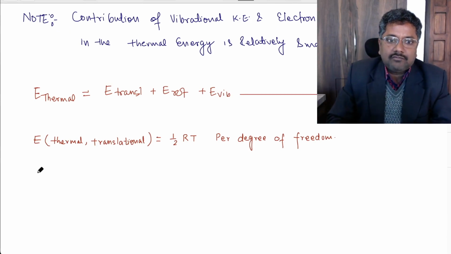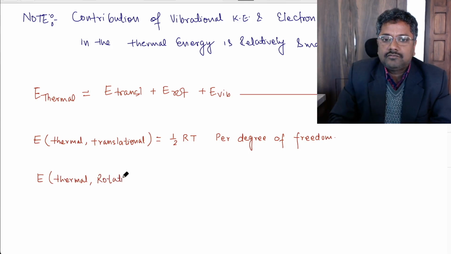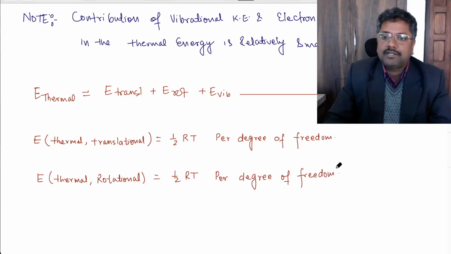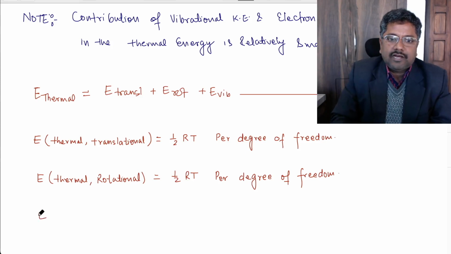Similarly, E thermal rotational, this is also equal to 1 by 2 RT per degree of freedom, right? And E vibrational, a little bit, this is complicated.